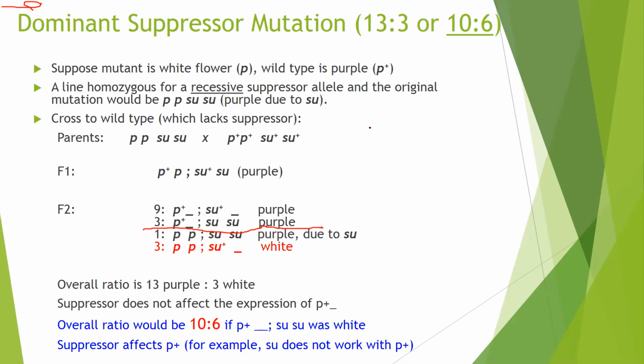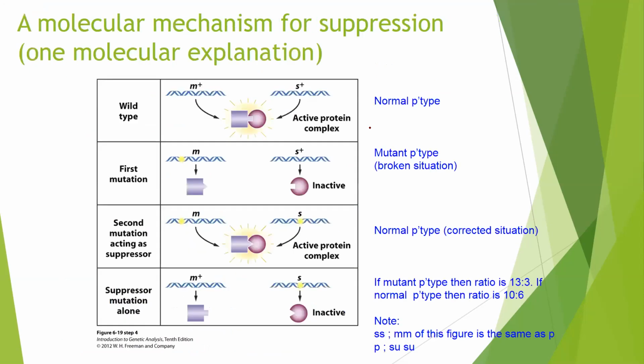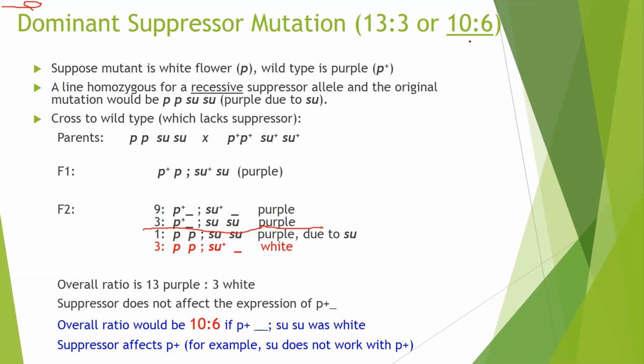Okay, so different ratios depend on different stories. Actually here I gave you a story about this ratio, so let me give you another reasoning about this ratio. Suppose the P plus will produce a protein.